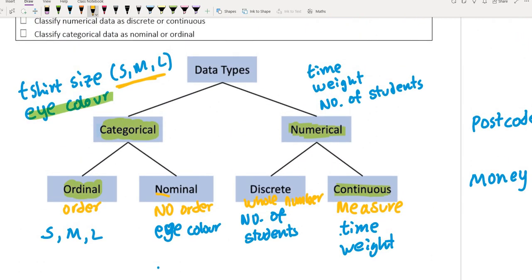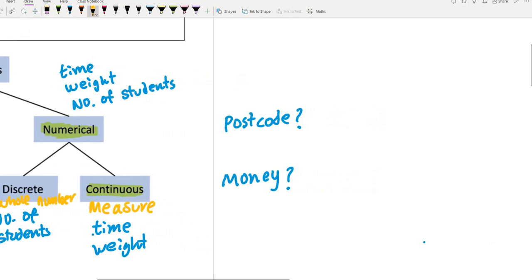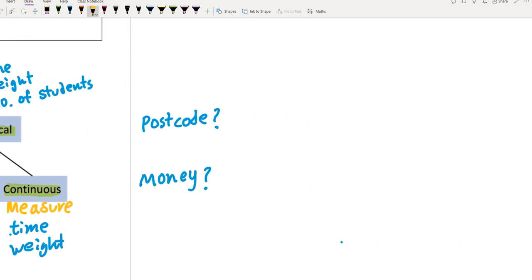Now there are a couple of confusing ones, generally to do with postcode and money. So postcode come in numbers. So you might think, well, numbers are numerical data. However, each of these numbers in postcode represents a category, so a suburb in this case. So 3000 is the Melbourne CBD, 3125 is the Glen Waverley area.